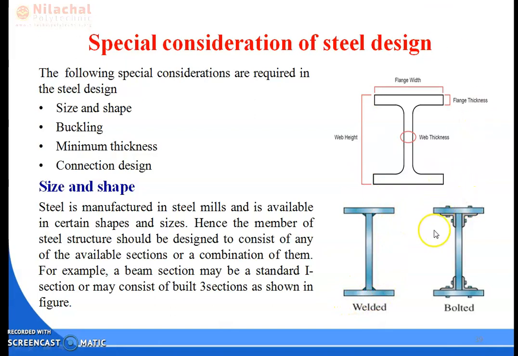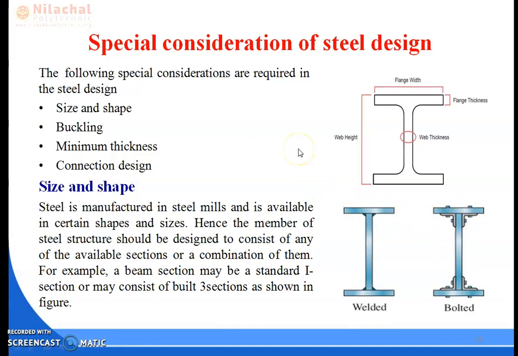The second section is also a combination of 3 individual sections by which we get a whole I section, and it is jointed by bolting connection.